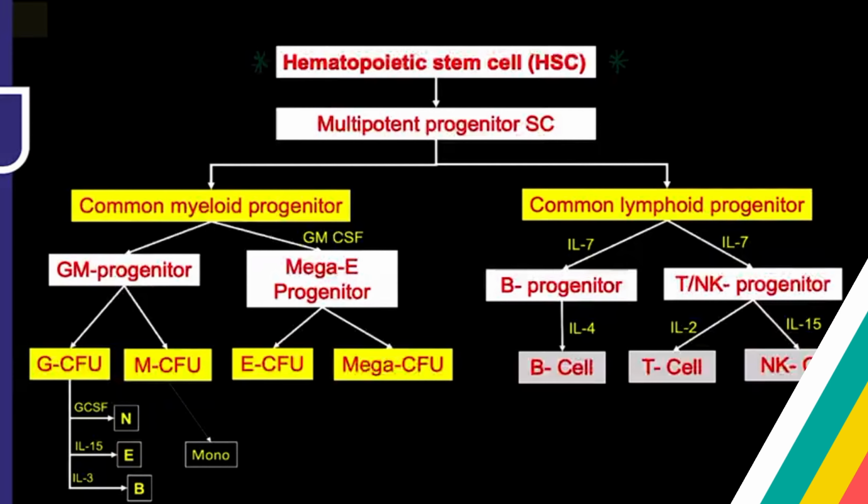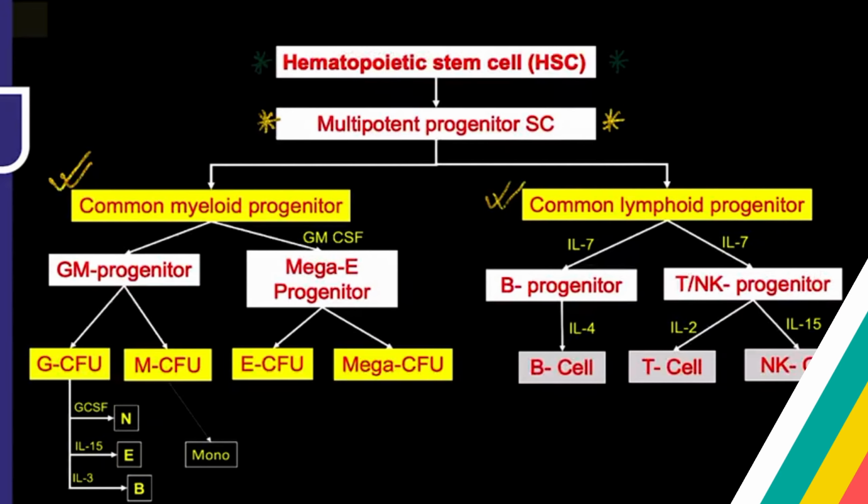Then it converts into a multipotent progenitor stem cell. That multipotent progenitor stem cell will divide either in the direction of myeloid progenitor or lymphoid progenitor. That's why it is known as common myeloid progenitor or common lymphoid progenitor.